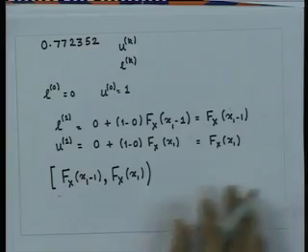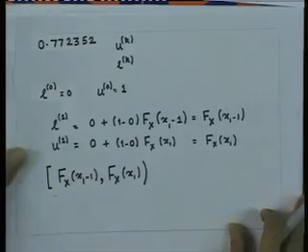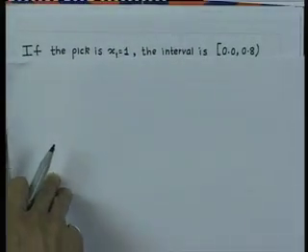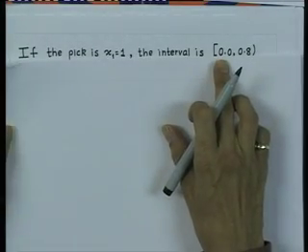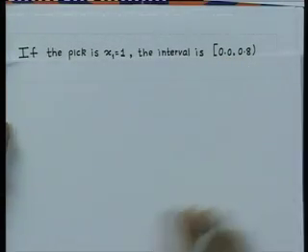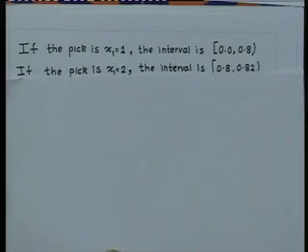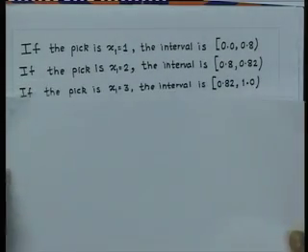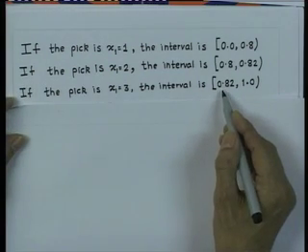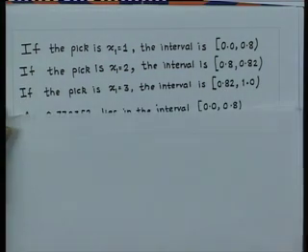So, now if we pick x1 is equal to 1, the interval turns out to be 0.0 to 0.8, and if we assume x1 is equal to 2, the interval is as shown here, and finally for x1 equal to 3, the interval is 0.82 to 1.0.